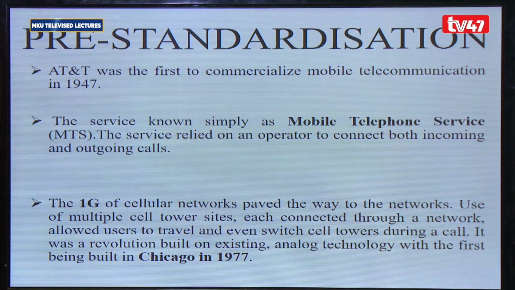So, in 1947, AT&T used the Mobile Telephone Service, commonly abbreviated as MTS. This used an operator, a physical person in an operating room connecting the caller and the receiver of the call.